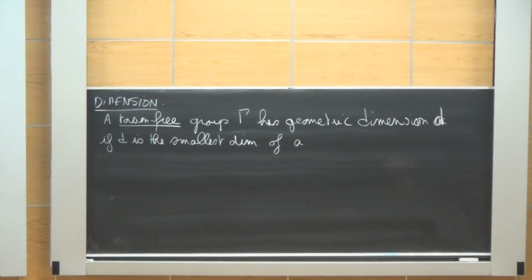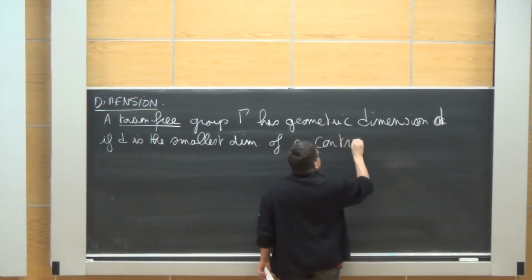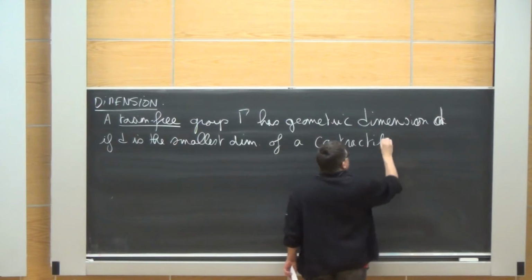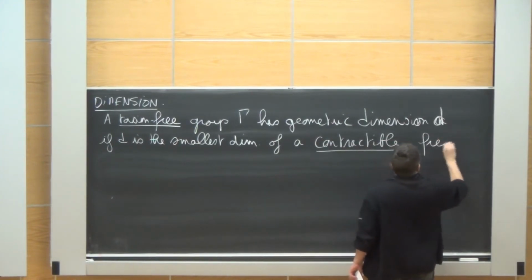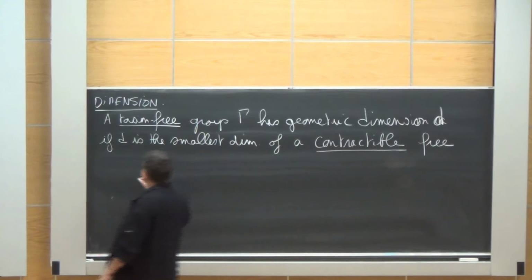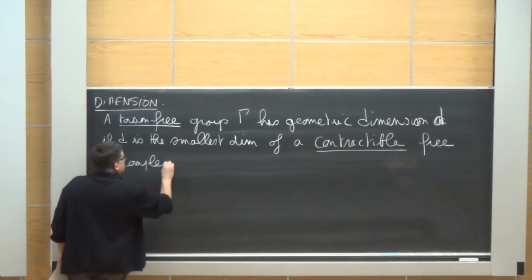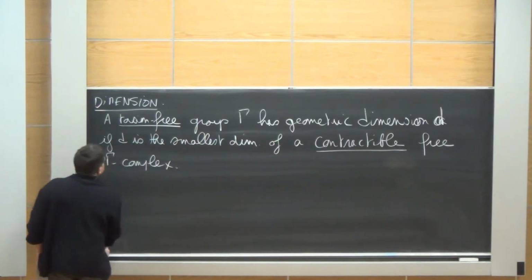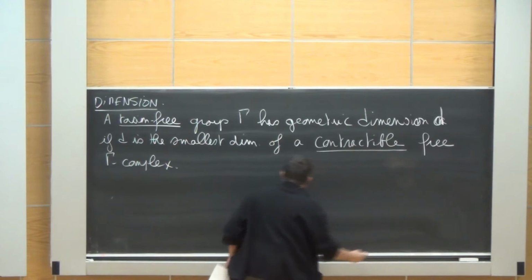You know, you can retract it to a point. I want the action of gamma to be free on it. Does it make sense?